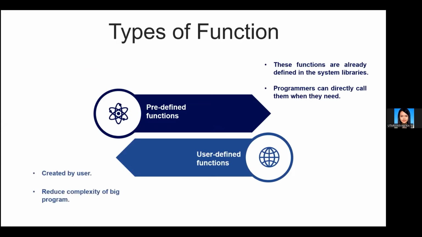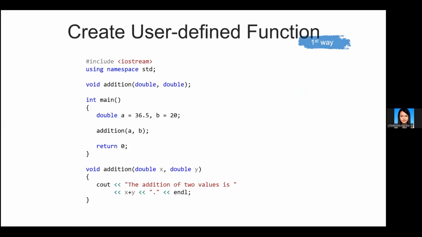This function is created by us, so it provides flexibility to us, like how we are going to write the program and how we are going to use the function. Just now, if you use the predefined function, we do not need to create the function ourselves. But now that we move on to the user-defined function, we have to learn how to create the function ourselves.